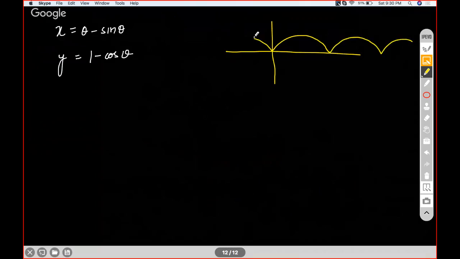This is a cycloid. It's basically an open part of a helical path, like the mod of a sin x graph. Kind of. It is not exactly a sine graph, but it's a kind of that.